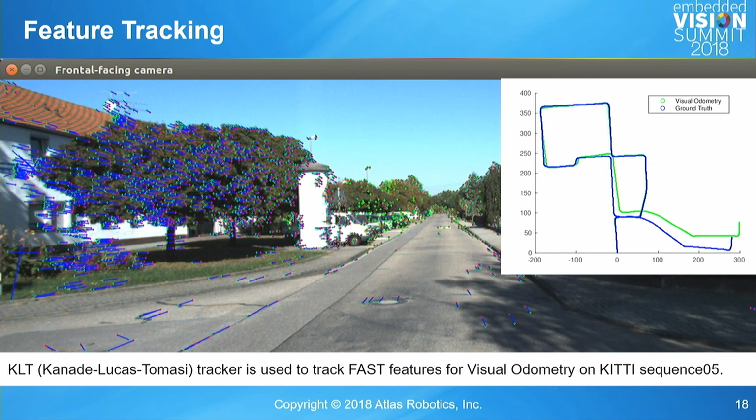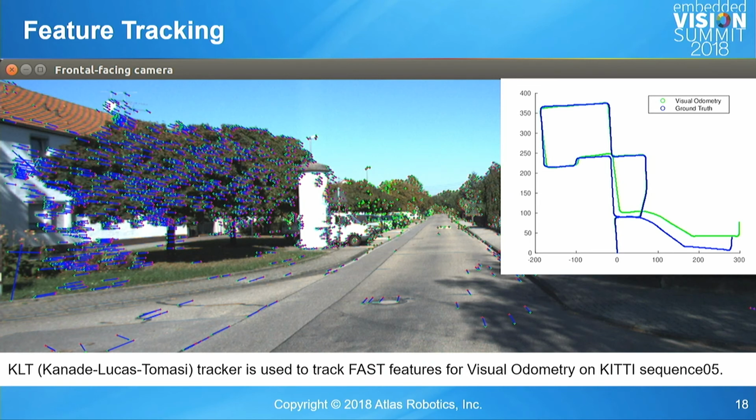I use that, and then I use the KLT, Lucas-Kanade tracker we heard about this morning, to track the pictures over time so that I can estimate where this car drives. What you see on the right side is the complete odometry result, and the big image shows one of the picture tracking results on one image.